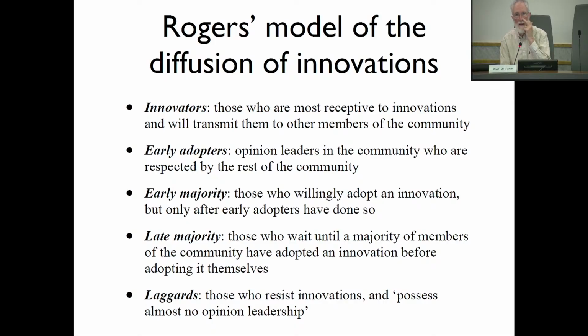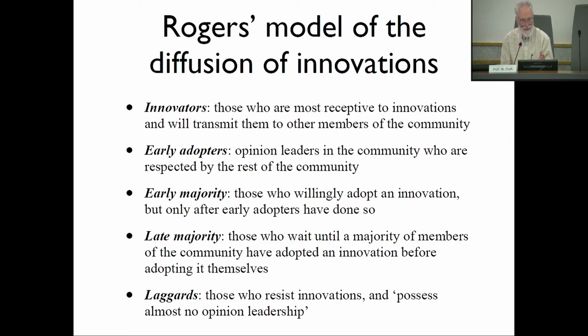So this is a phenomenon about Rogers' theory, which has been adopted by all of the others, which is that there are really two sides to it. Each group is considered as being more or less receptive to adopting new innovations, but also as being more or less likely to be followed by others. So the laggards both resist the innovations, and nobody follows them either.